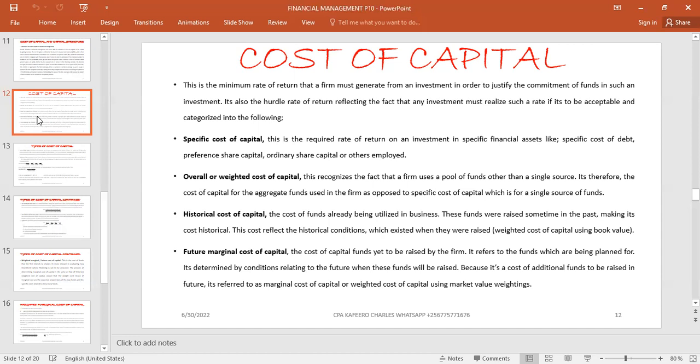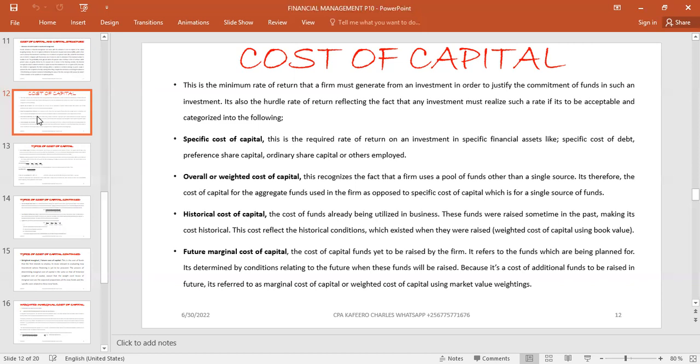When you're talking about the specific financial asset, we are talking about either the money we are getting through shares or the money we are getting from other sources other than the shares that are contributed by shareholders. It may be in terms of retained earnings. We had some retained earnings we've been accumulating. We had some money we borrowed from the bank and others.